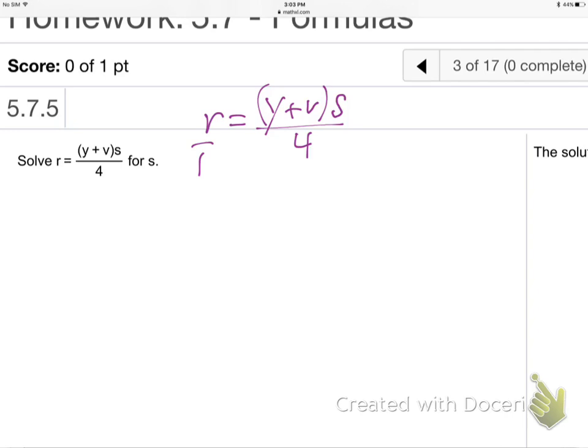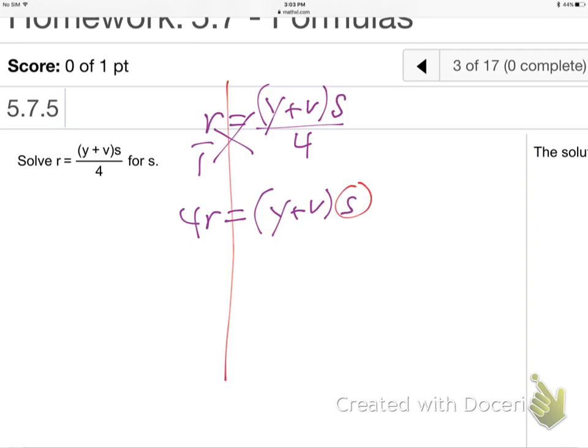Are you going to distribute the S to the Y and V? Well, no, because I'm trying to solve for it. Normally I would. Normally I totally would. But at this point, guys, remember, keep your eye on the ball. Who's the ball? S. So always stay focused on him. If you want to get him alone, what do you do? Divide by Y plus V. You're ready to divide right now.